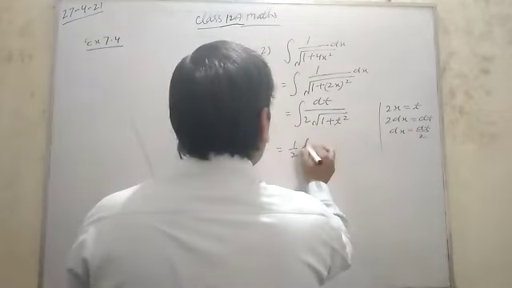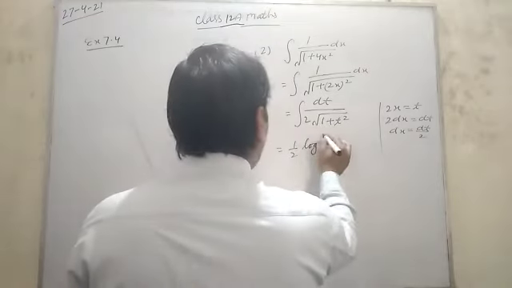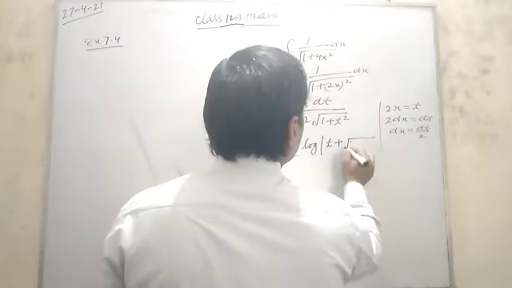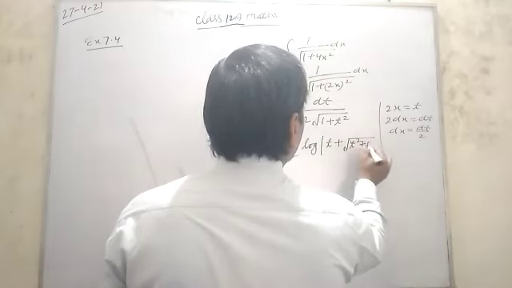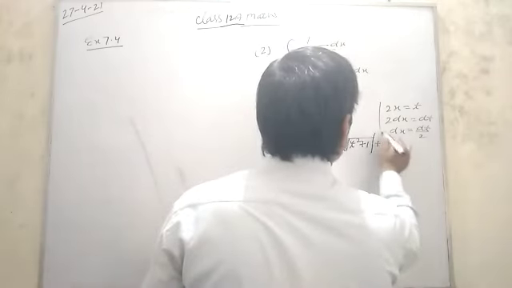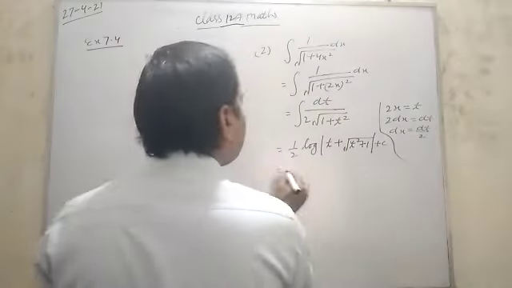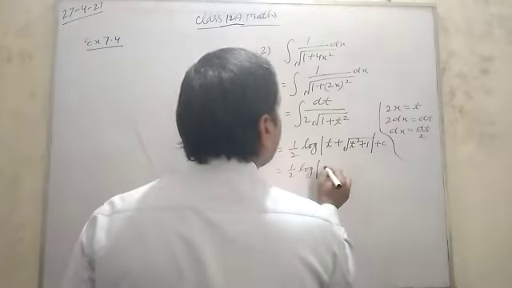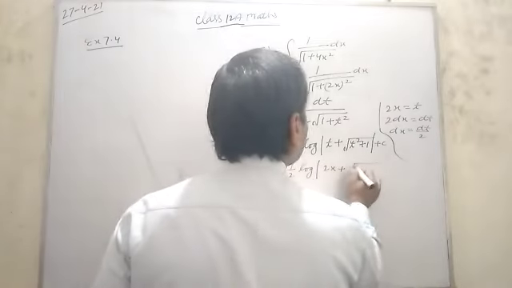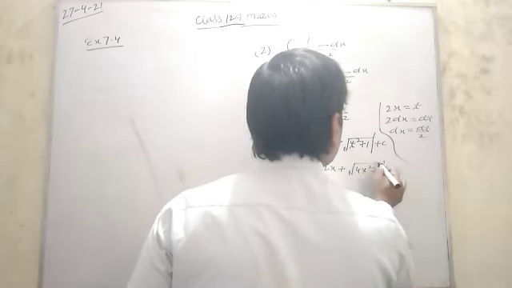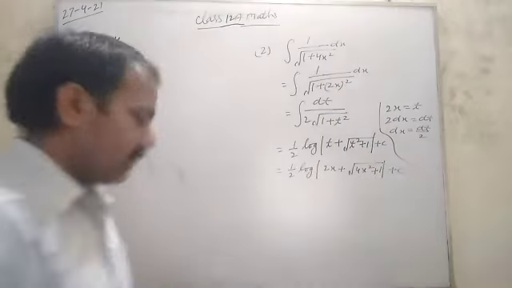So the formula gives log mod t plus under root t square plus 1, plus constant. Then putting the t value, 1 by 2 log of 2x plus under root 4x square plus 1, plus constant. That will be the answer.